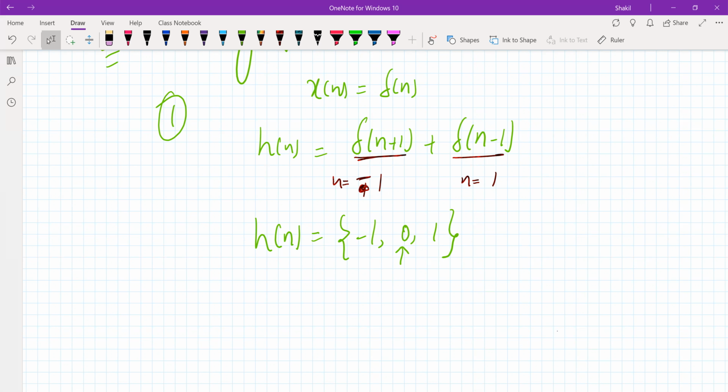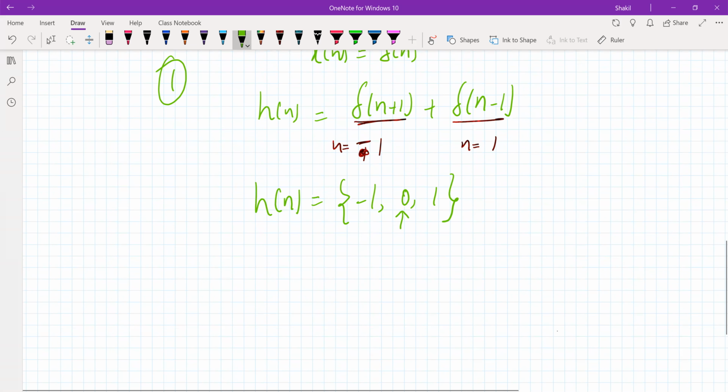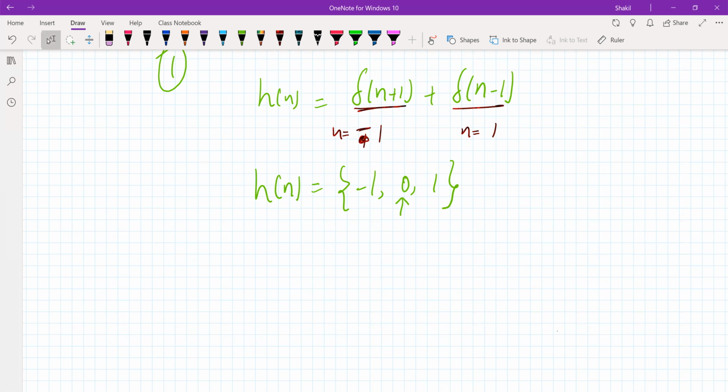Now let me do the same thing in the frequency domain. Take the Z transform of this.